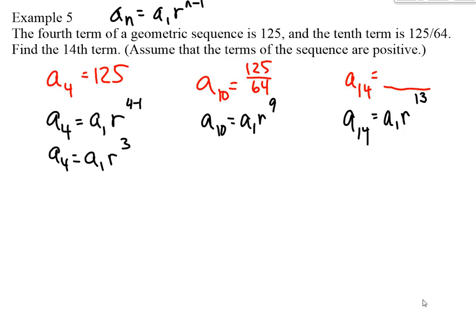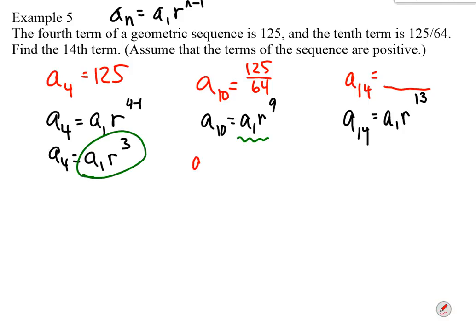So we came up with the fact that we could write the general formulas for a sub 4, a sub 10, and a sub 14. My thought is, let's take this a sub 4, which I know is a sub 1 times r to the third, and rewrite this piece in terms of that.